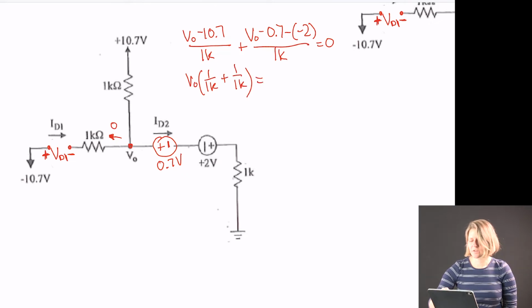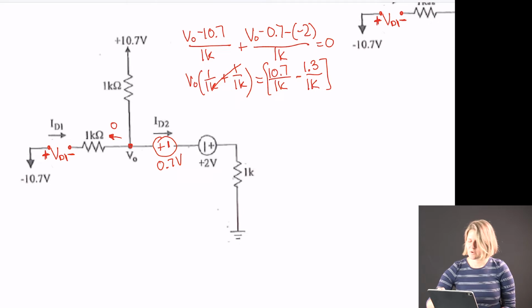So we combine all the V0 terms and take over to the other side. So that would be a minus. Minus becomes a plus. So that becomes a minus. And then I multiply that by 1K over 2.